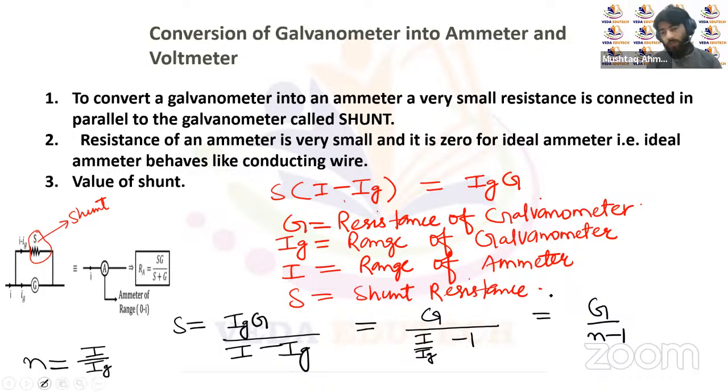So that's how we calculate the value of shunt resistance S to achieve the particular range of measurement for the ammeter.